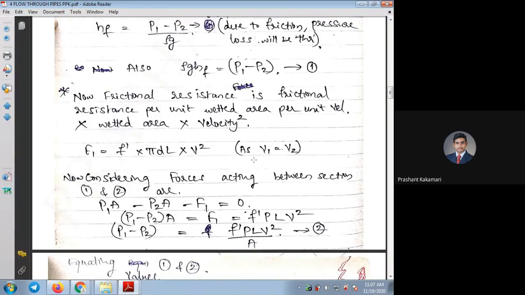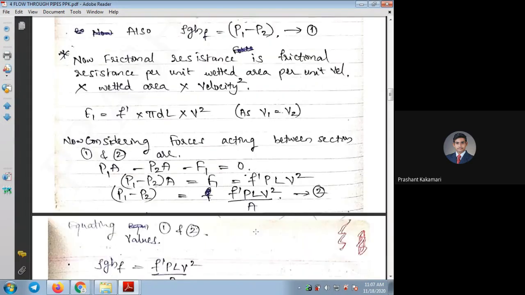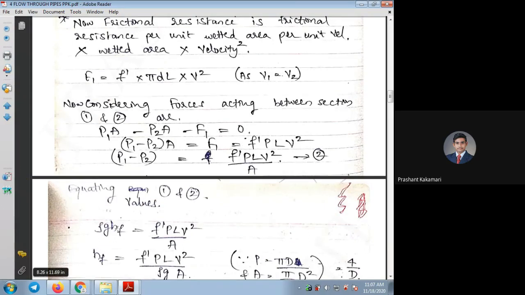Just note these equations, equation number 1 and 2. Once you equate 1 and 2, I can rewrite the equation like this: rho G HF equal to F dash P L V square by A. Here F dash is the frictional force per unit weighted area per unit velocity.